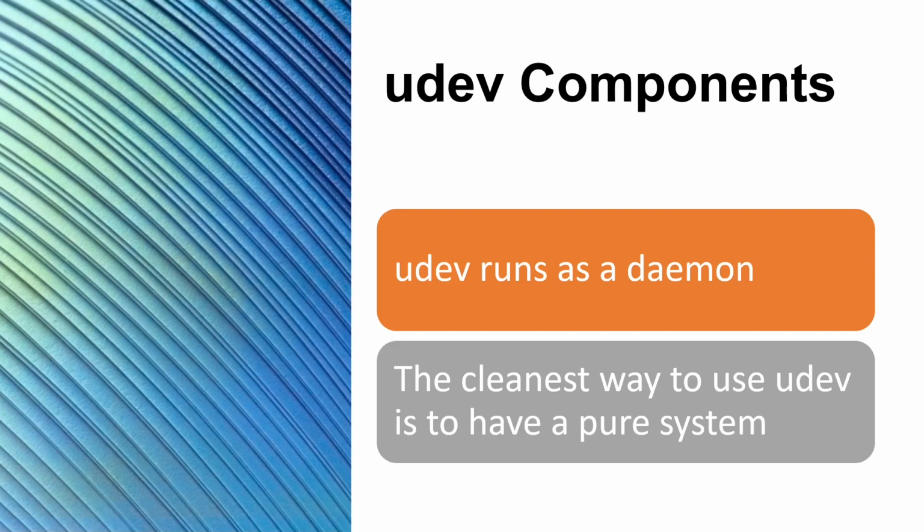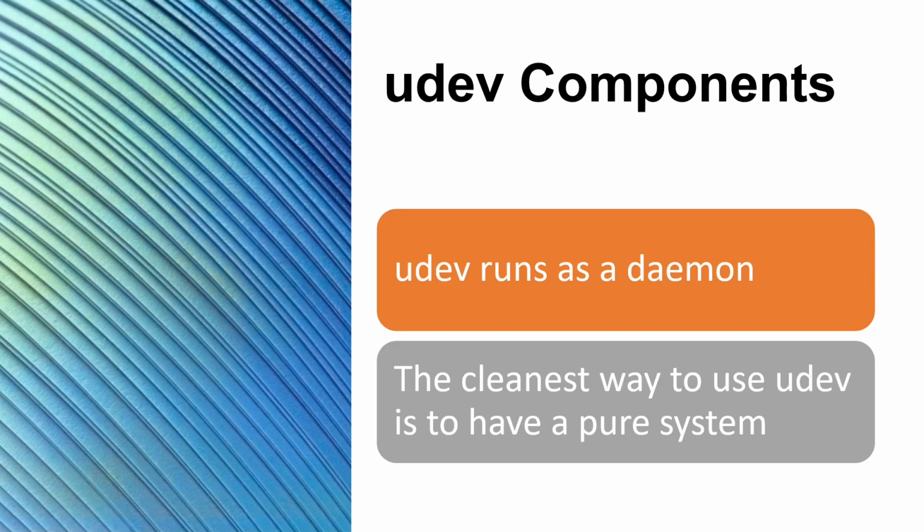The three components of udev are the libudev library, which allows access to information about the devices, the udevd or systemd-udevd daemon that manages the /dev directory, and the udevadm utility for control and diagnostics.